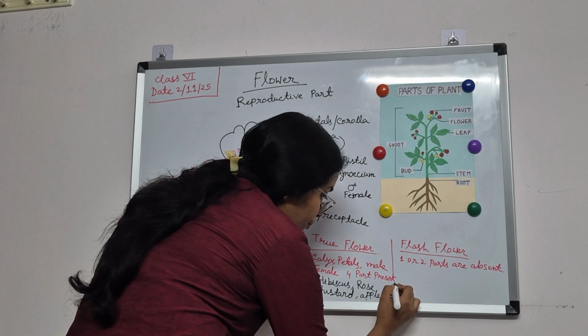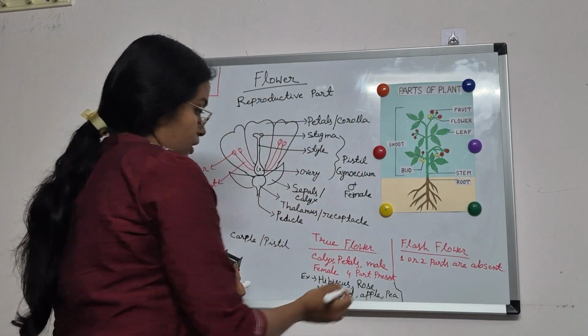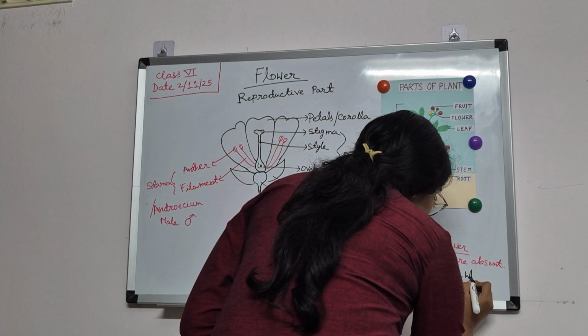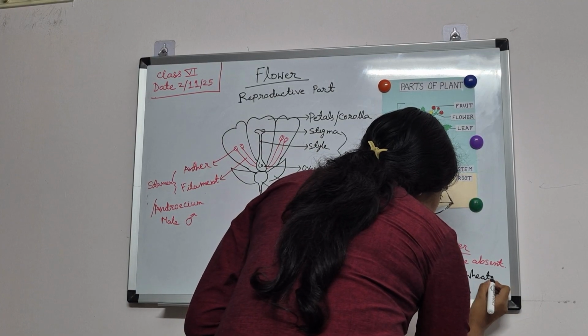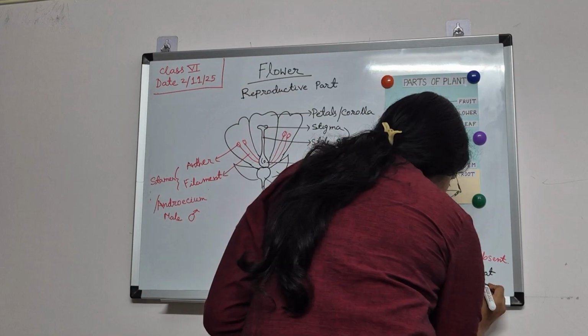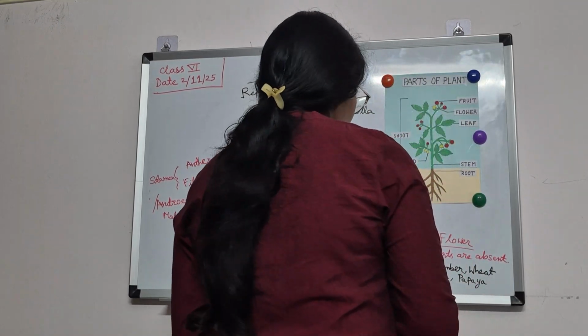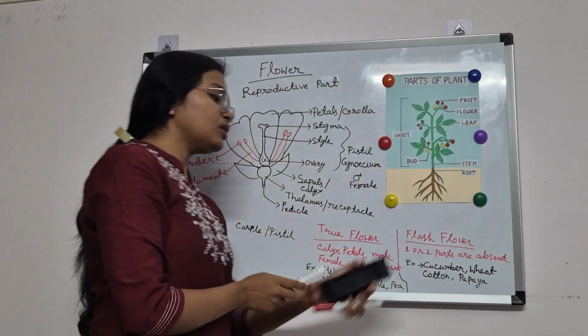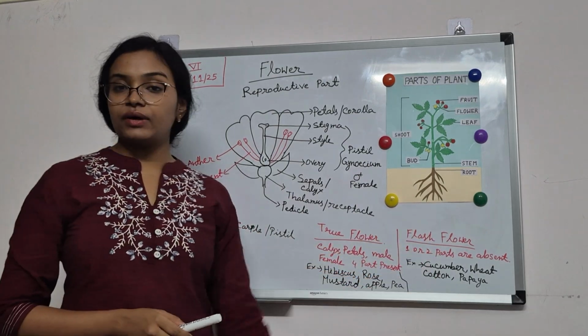All are examples of the true flower. False flower examples: cucumber, wheat, cotton and papaya.